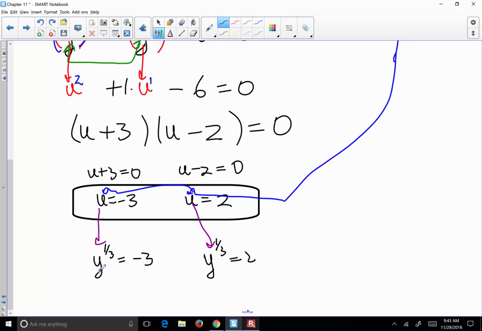How can I get y? It's protected by a power 1/3. I need to cancel that power 1/3. How can I remove a power around a variable? I need to get y. Yeah, anyone?